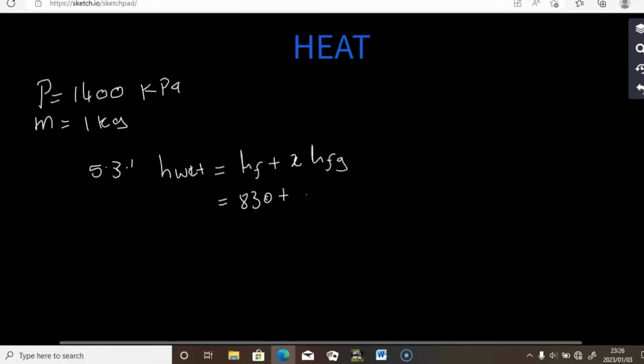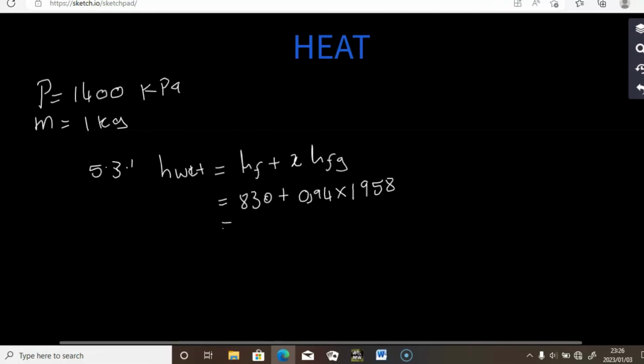The dryness fraction we are given as 0.94, times the value of hfg. We go to the steam table again and look for the value of hfg, and what I got is 1958.